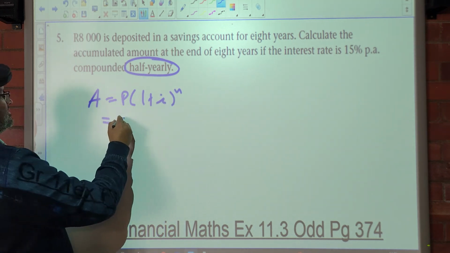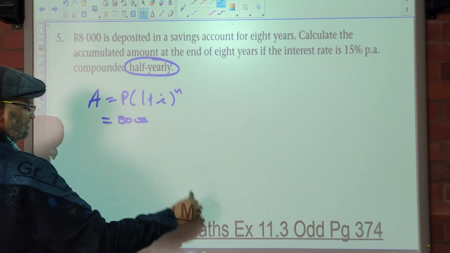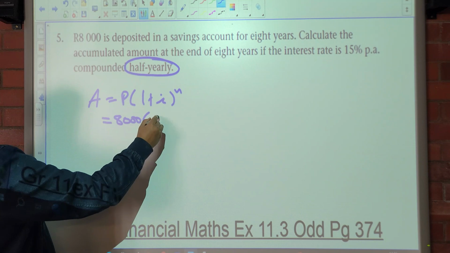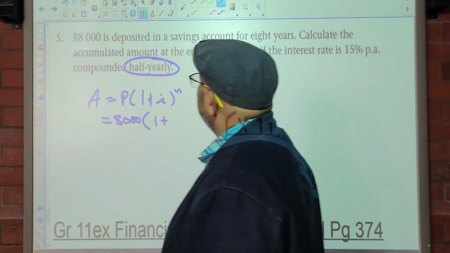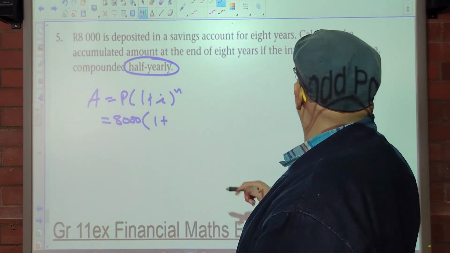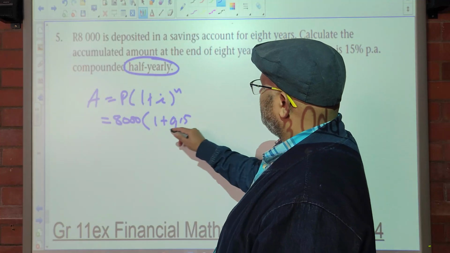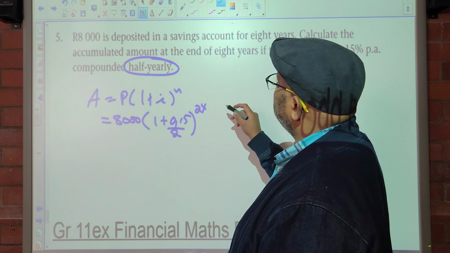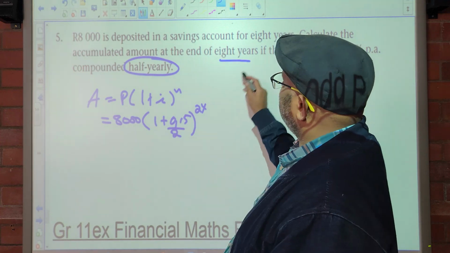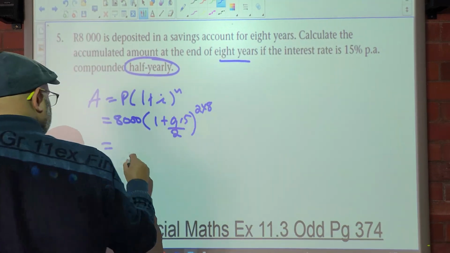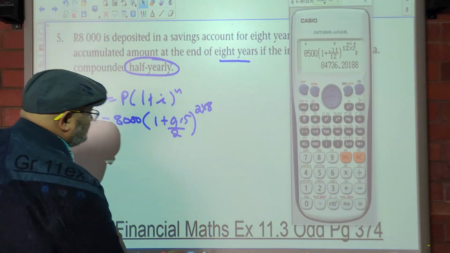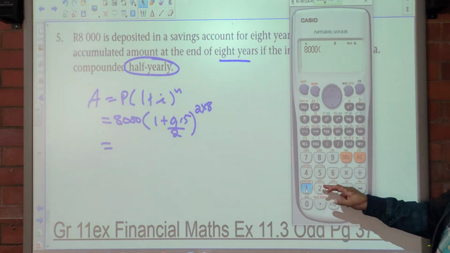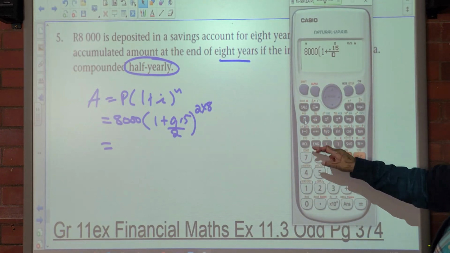What's your P value? 8,000 rand into 1 plus 0.15 over 2 to the exponent 2 times 8.